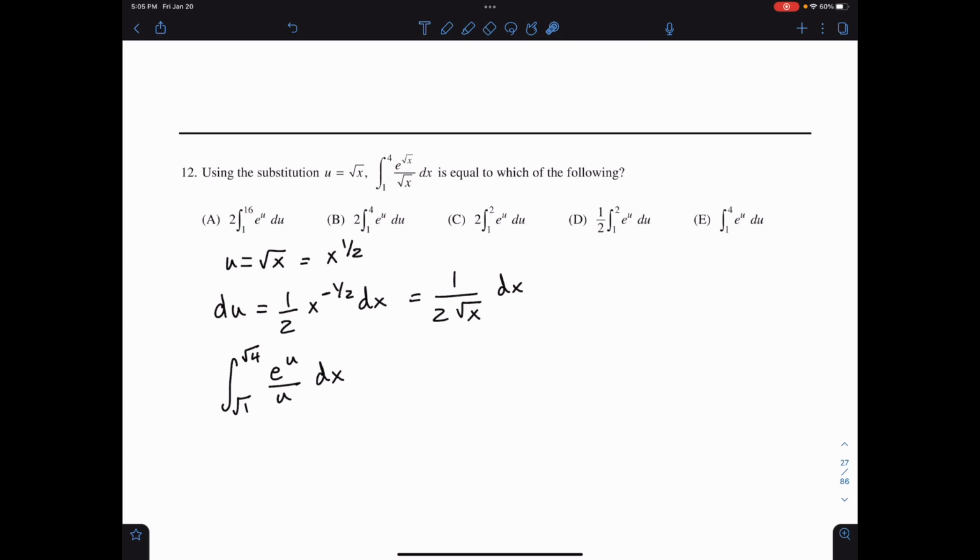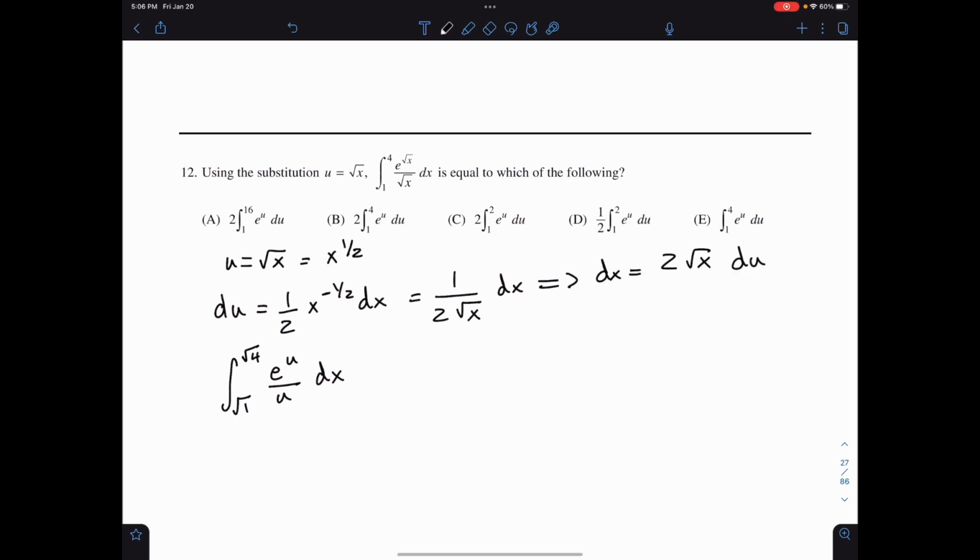What we need to do now is use the du that we solved for above, which gives us a dx, and plug this back in to replace this dx with du. So we're first going to rewrite this to get dx alone. We're going to isolate dx. So it just so happens that this becomes 2 square root of x du.